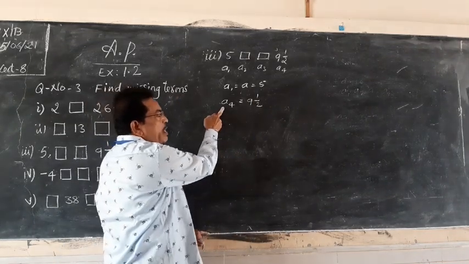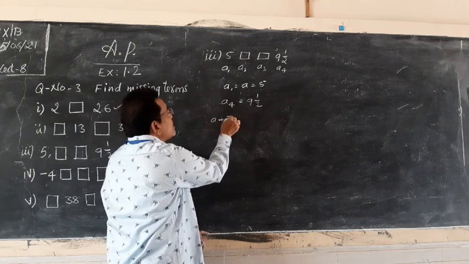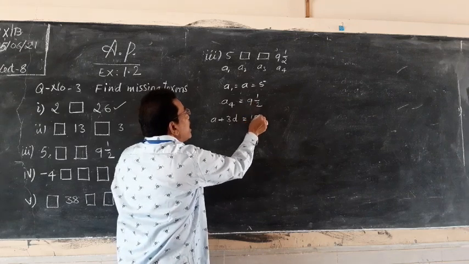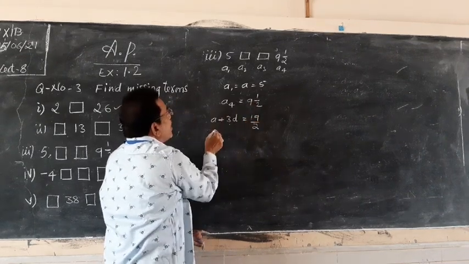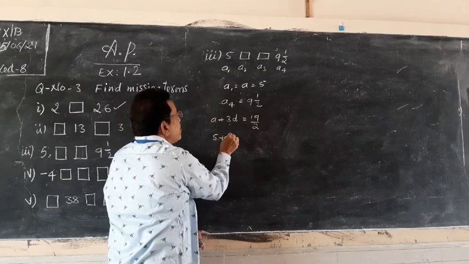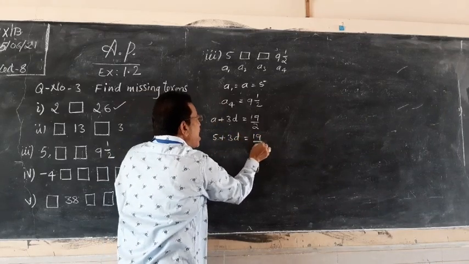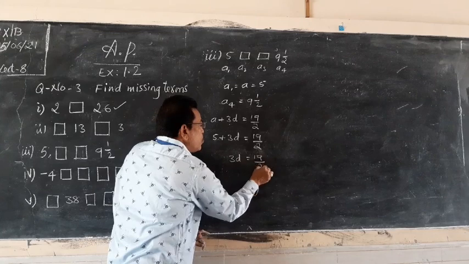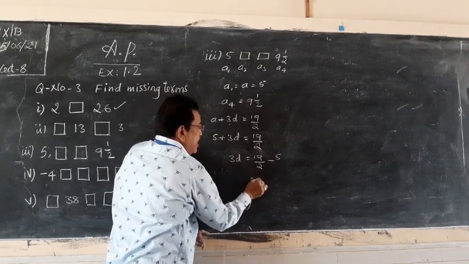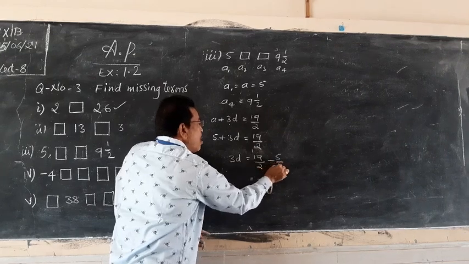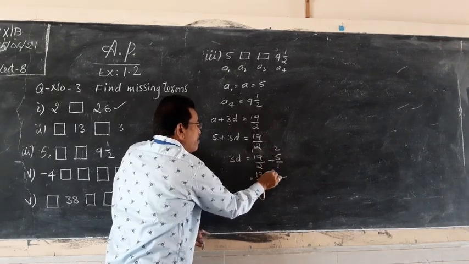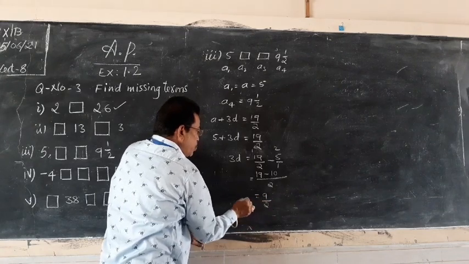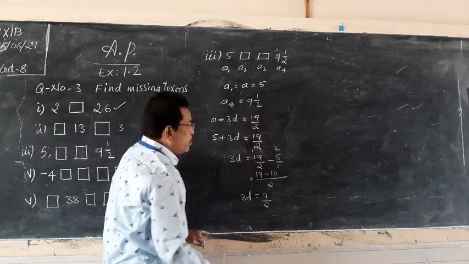Let us write the meaning of a4. a plus 3d equals 9 and a half, that is 19 by 2. a1 is given, that is 5 plus 3d equals 19 by 2. Then 3d equals 19 by 2 minus 5. LCM is 2. 19 minus 10, that is 9 by 2. 3d equals 9 by 2.